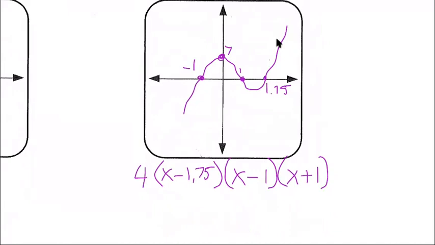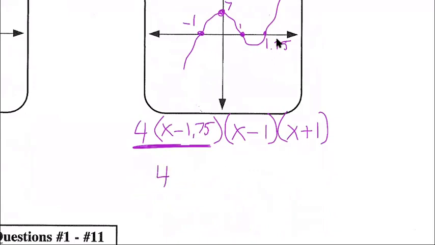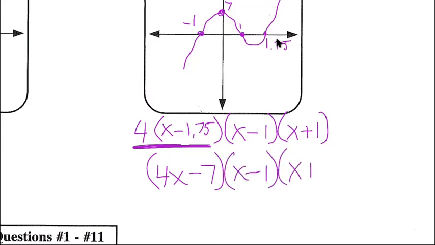And then we're going to get rid of this decimal by bombing the 4 into that bracket. That's going to give us 4 times x minus 1.75 times 4 is 4x minus 7. x minus 1, x plus 1. There's your factored form.